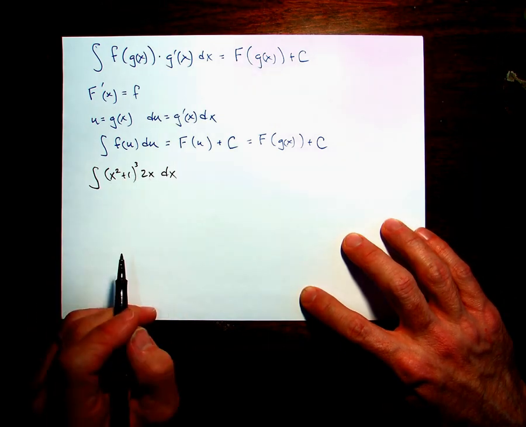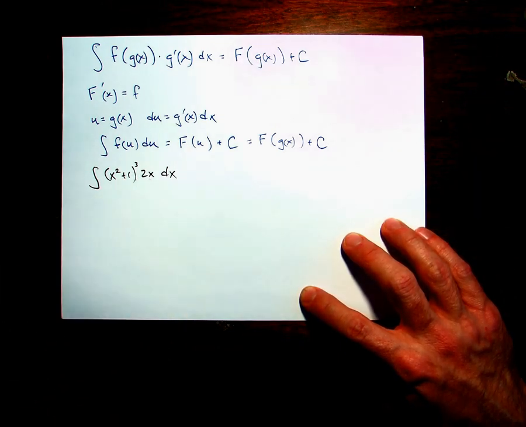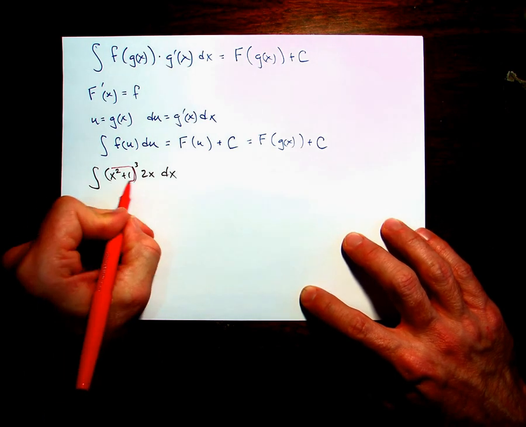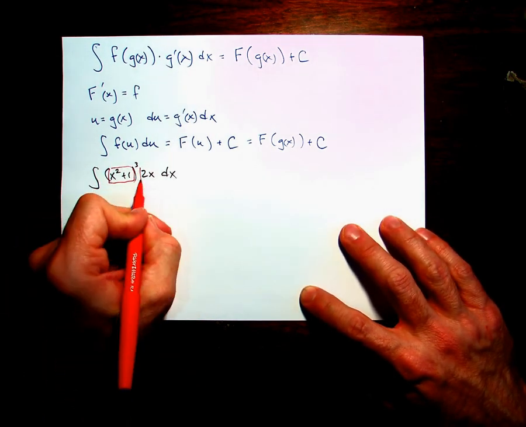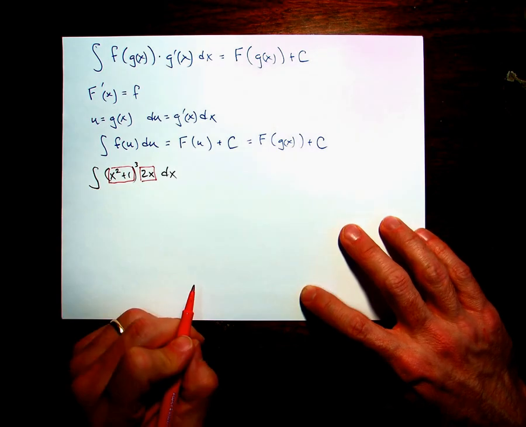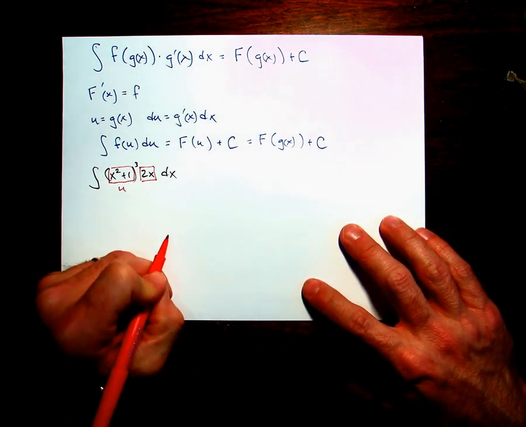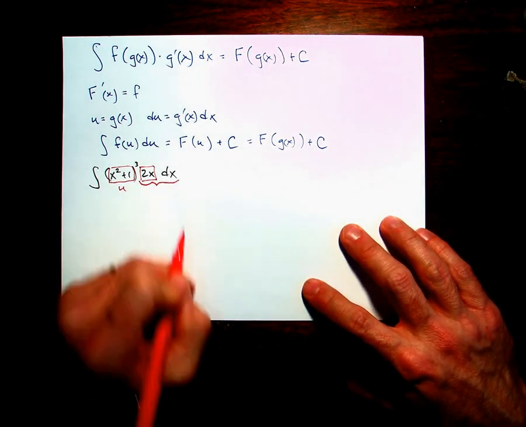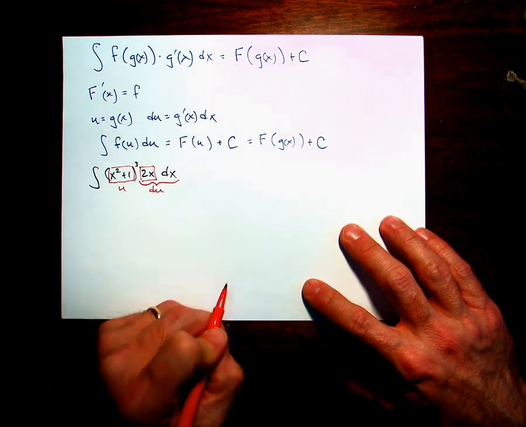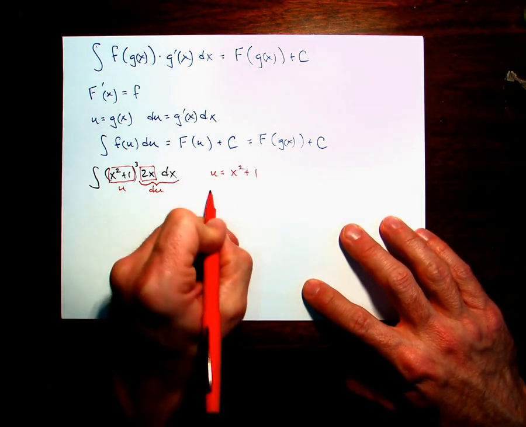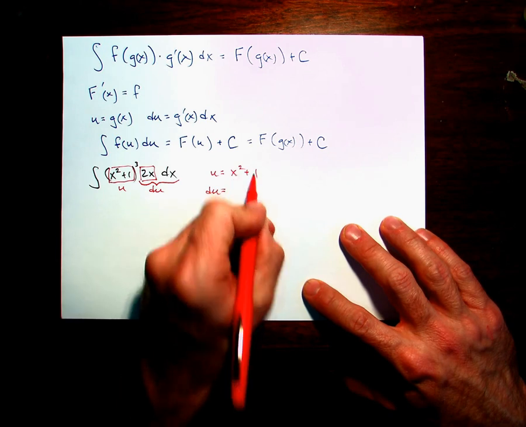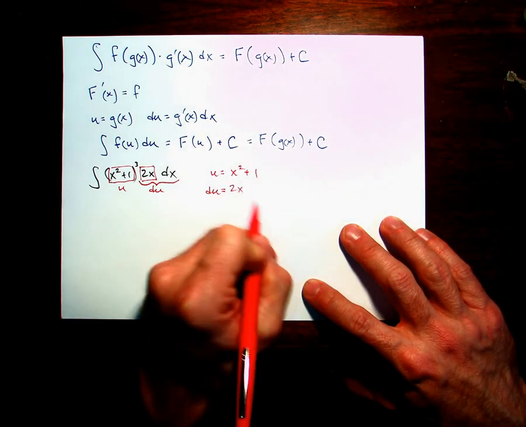Notice, again, though, that here I have a function, x squared plus 1, and 2x is its derivative. So we want to call this u, and this whole thing here du, right? So I would let u equal x squared plus 1. Take the derivative of this, I just get du equals 2x dx.